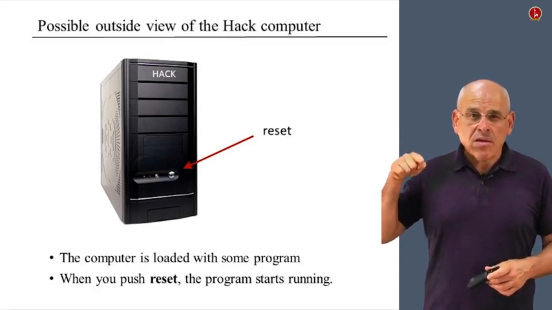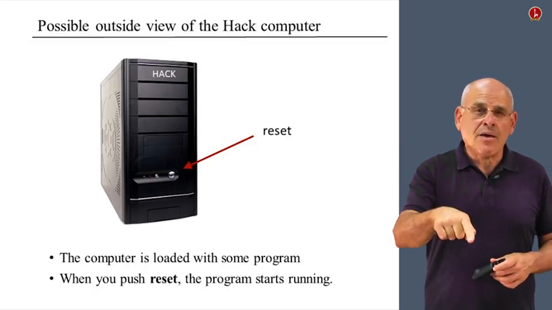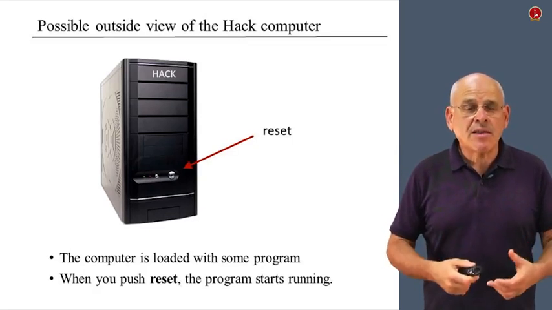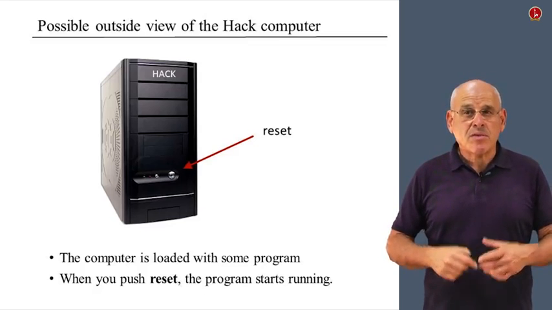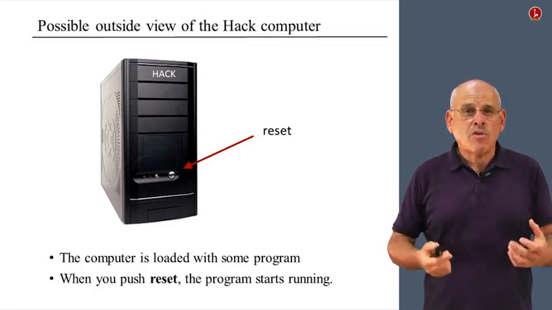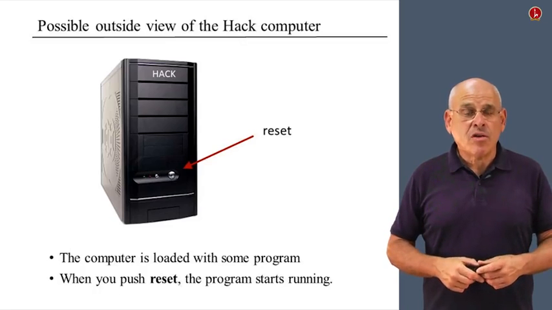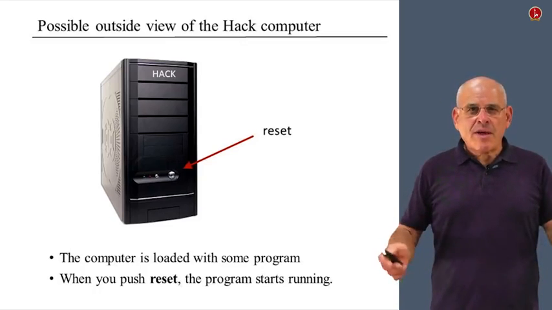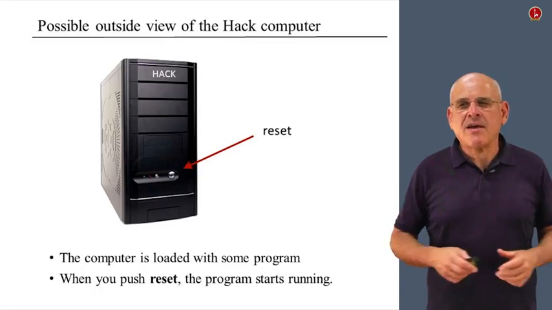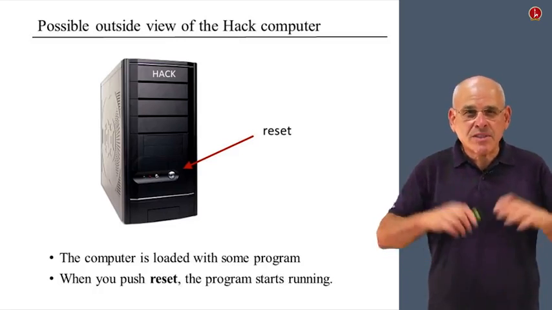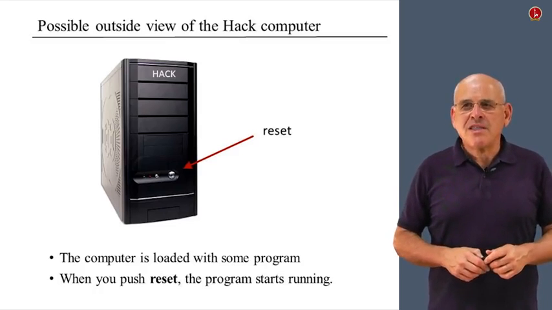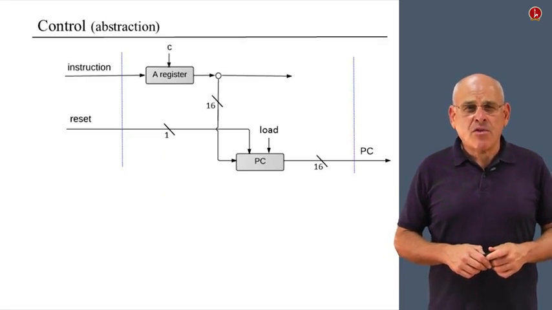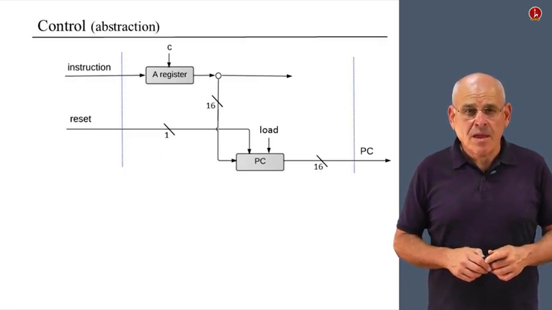You take your finger, you push the reset button in, you let go, and by doing this, the computer will restart running the same program again. Okay, so this is the kind of behavior that we want to implement in the control logic of the CPU, among other things. All right, so now that we understand how the reset button works from the outside of the computer, so to speak, let's go back to the CPU logic and explore the control logic of the CPU.